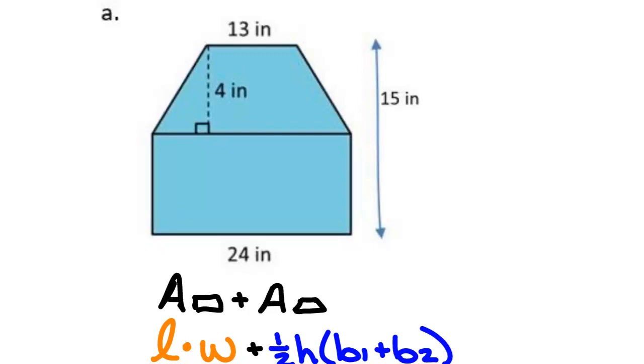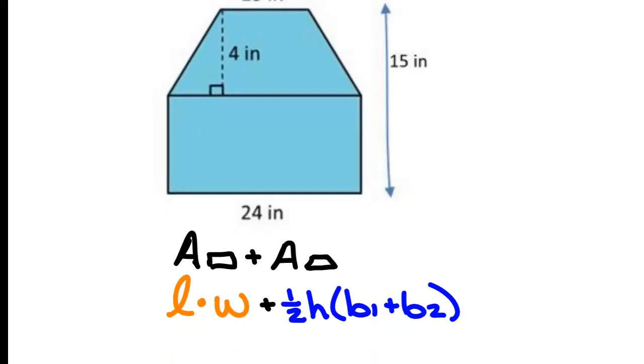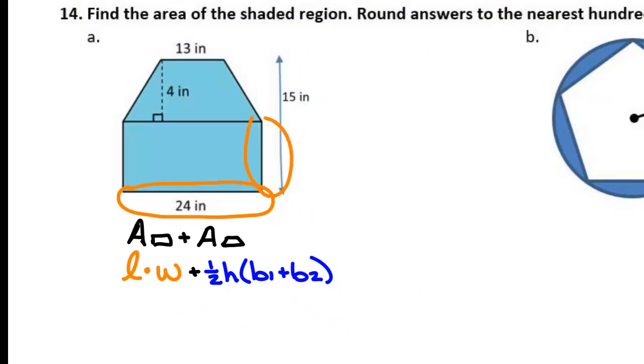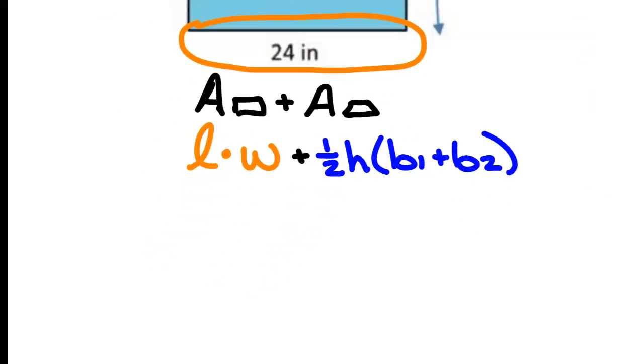For my rectangle, what's my length? 24. Or we could have gone this way, that's fine. It doesn't matter which one you call the length and which one you call the width. But I'm going to go ahead and put in the one value that I know for sure, 24.